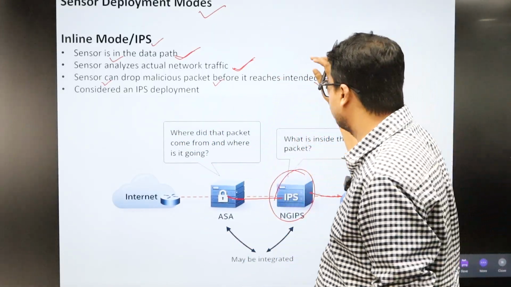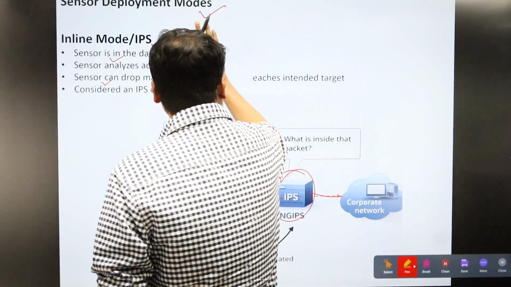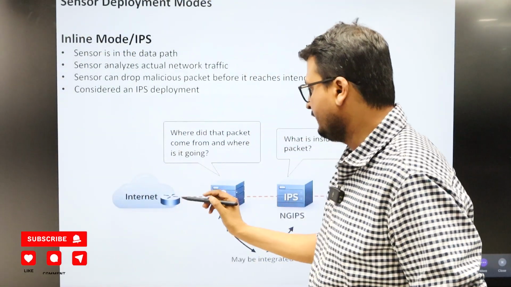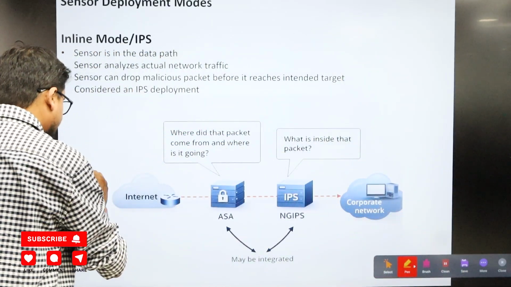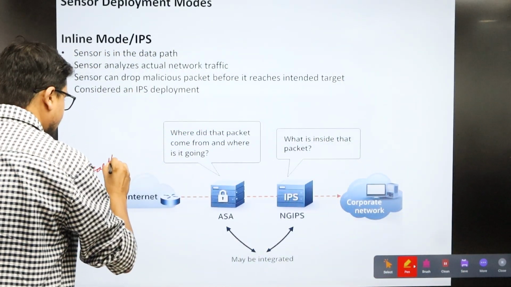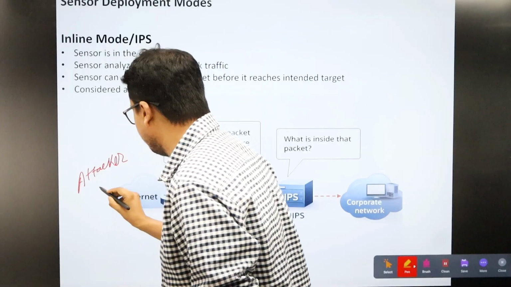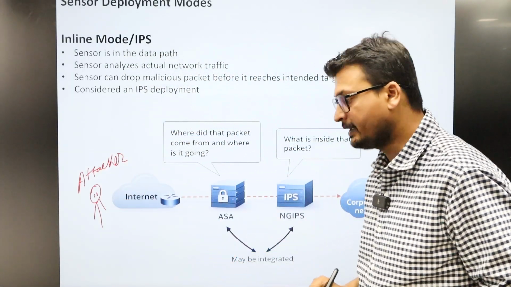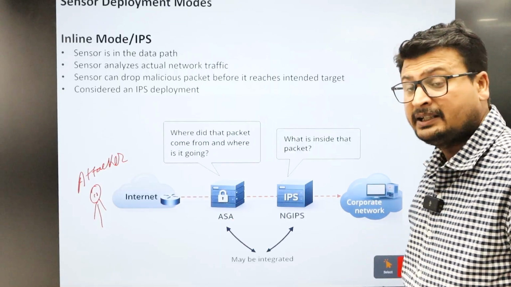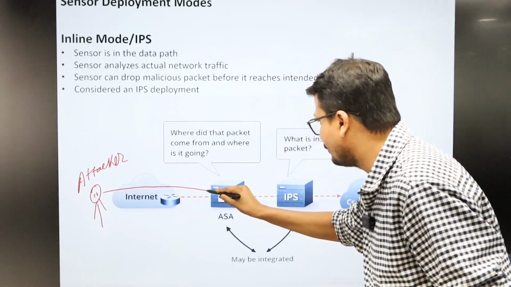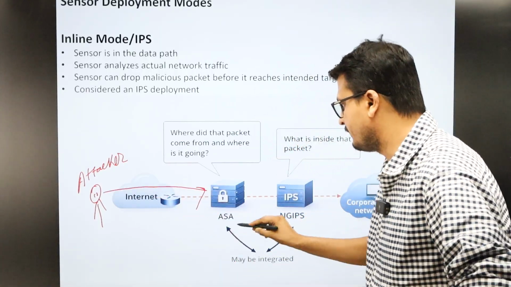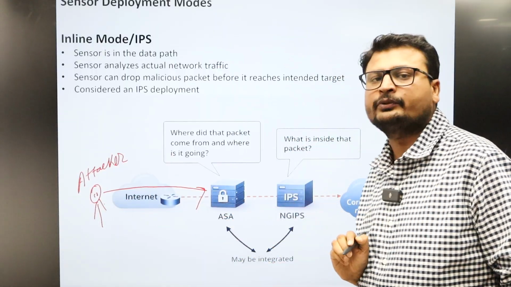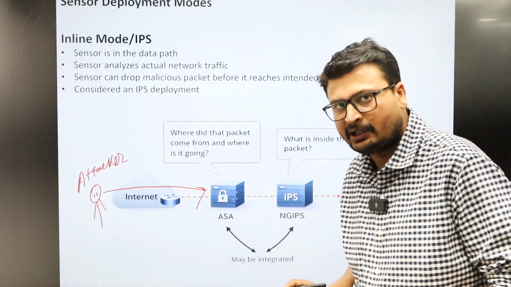What does it mean? Let me tell you. For example, let's say I have an attacker over here, right? If this guy tries to perform an attack on a target, can he directly reach it? No. First, he has to get past the firewall. The firewall will decide whether this guy can enter the network or not. That's the first barrier.